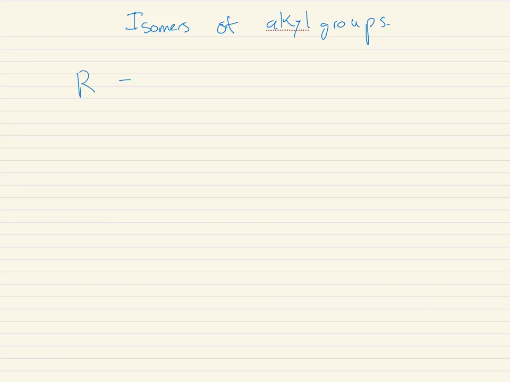If you ever see R, that represents the parent or main chain, right? So if I have an ethyl group, and it can be drawn like this, what that means is that these 2 carbons here are bonded to some parent chain, but it's any arbitrary parent chain.